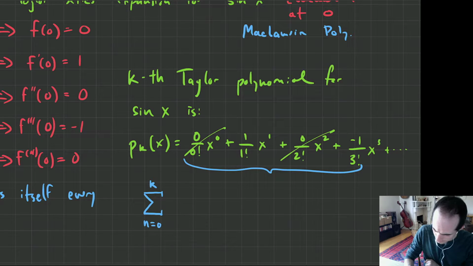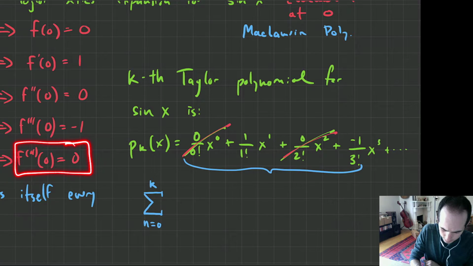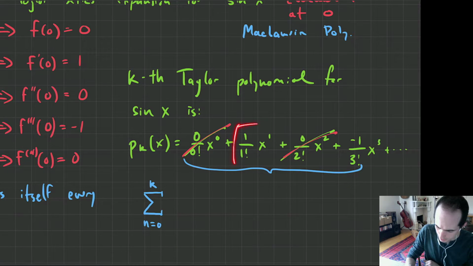Here, I'll put that in red so you can really see that those are canceling out. So the only terms that we really see are all going to be odd. I've got 1, 3, and the fourth term over here is going to be 0, so the fifth term would be back to plus 1. So I've only got these odd numbers: 1, 3, and the next one would be 5.